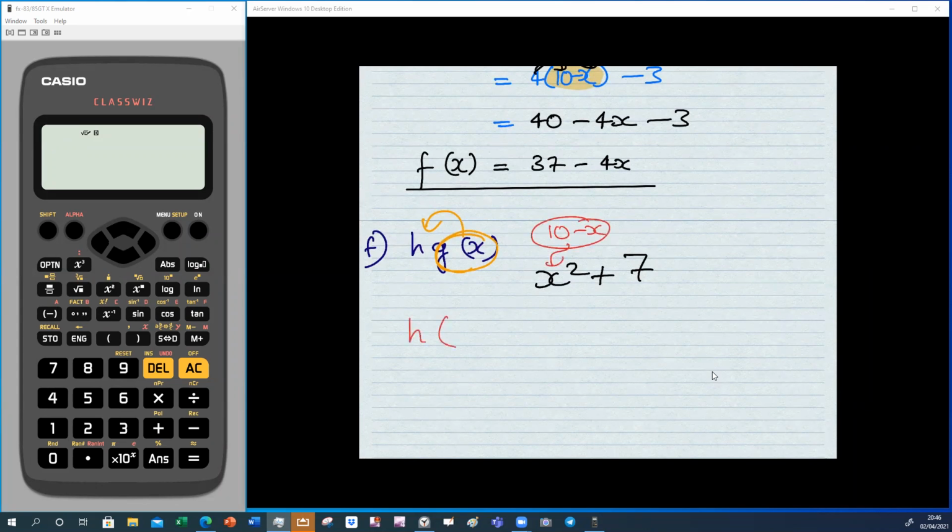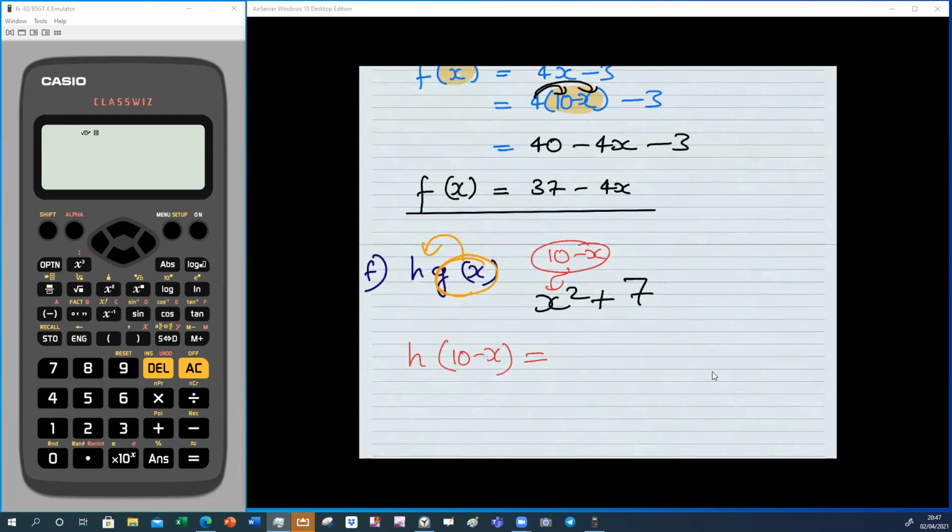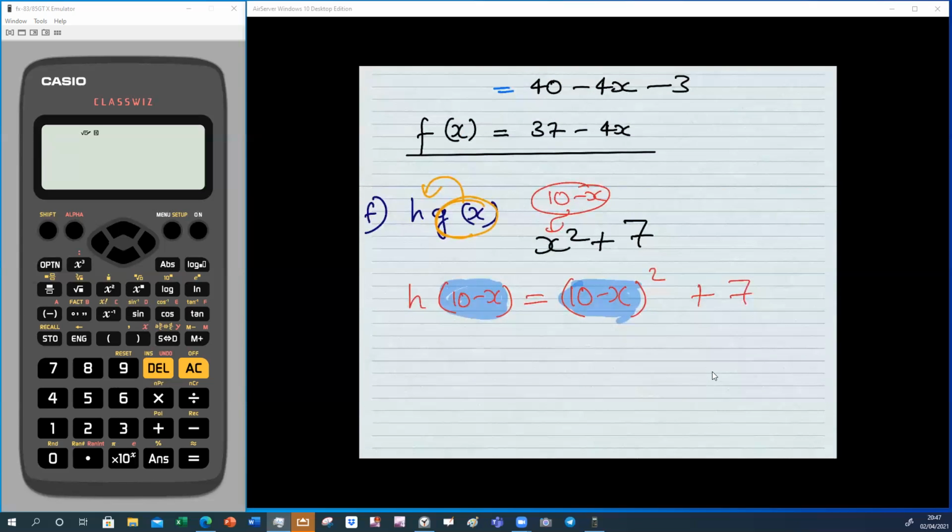So h of g of x equals, so this is the bit that we are putting in terms of where the x would normally be. So the x would normally be here in the function. So let's work that out.